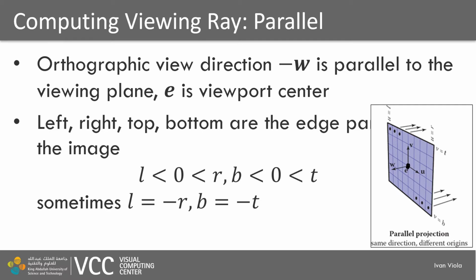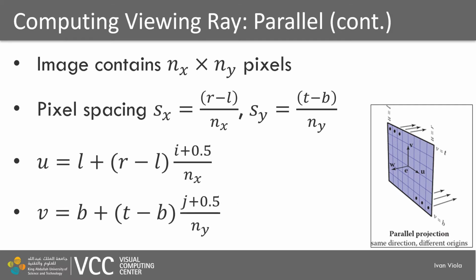Once we have this set up, we also have to take into account the resolution of our final image. This resolution will be defined by nx and ny: how many pixels do we have in the x and y dimension?